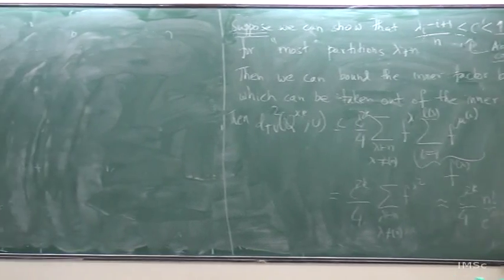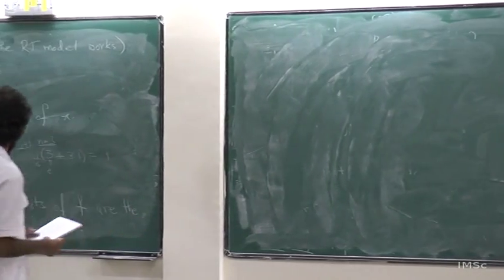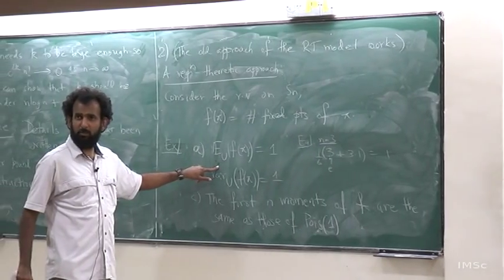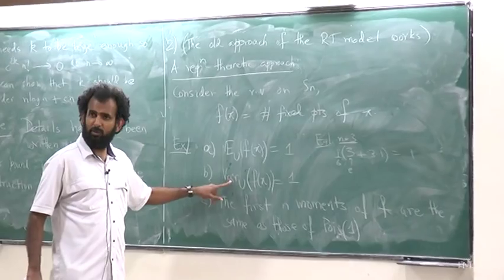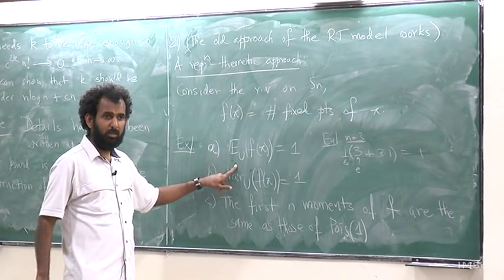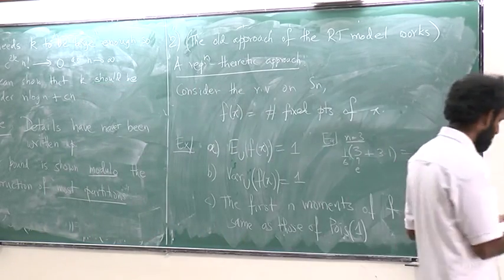Okay, so in the last 10 minutes, maybe I'll just give you the idea. You know the expectation of f of pi under the uniform distribution, and we know the variance. We are going to compute the expectation under q star k of this quantity, and the variance. Then we'll be able to say something.